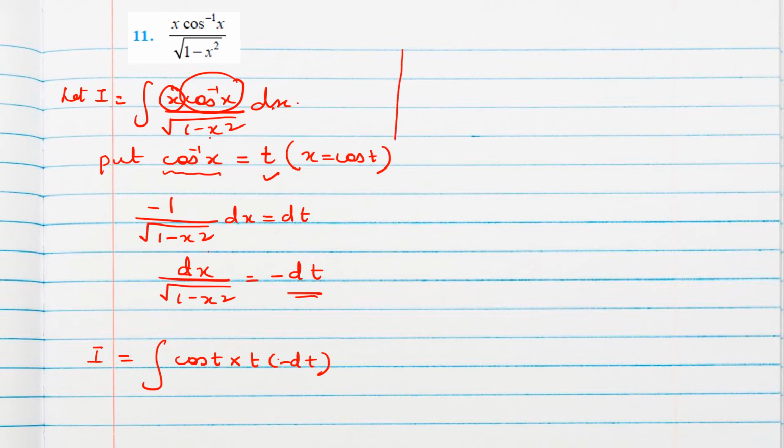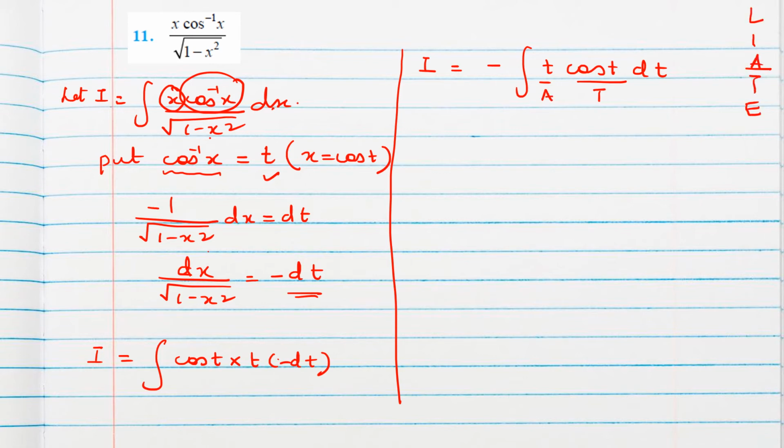So finally our integral is minus, we can take it outside, integral t cos t dt. So we got a product of two functions, trigonometric and algebraic. Then recalling the LIATE rule, algebraic, trigonometric: this is u, this is v.